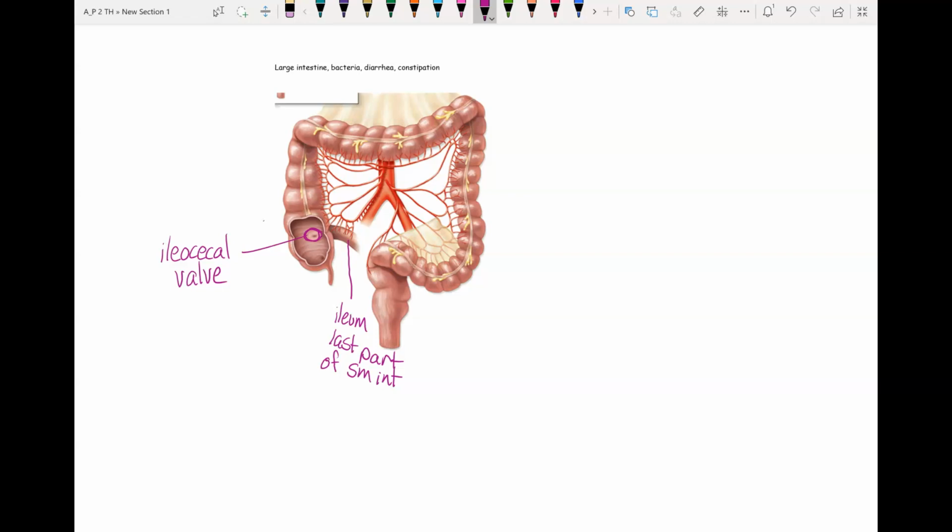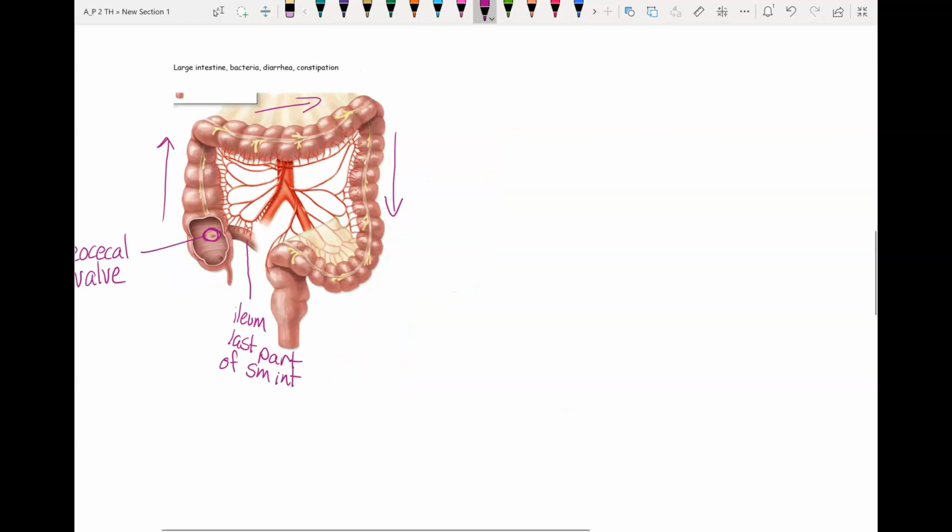The material is then going to go up, across, and down through the colons. As it moves through, the colon absorbs water and electrolytes.